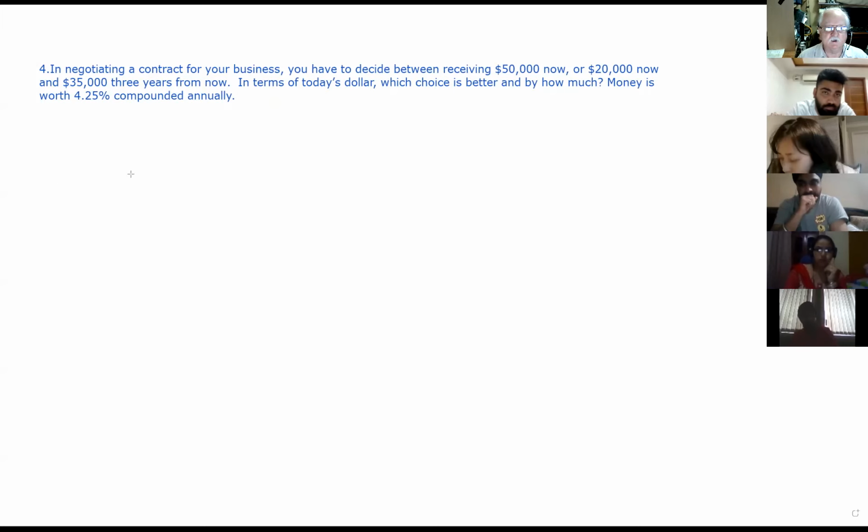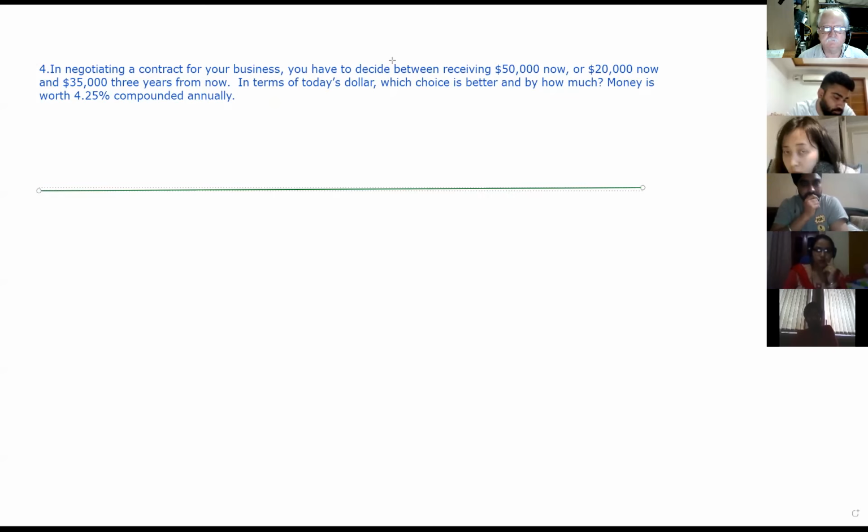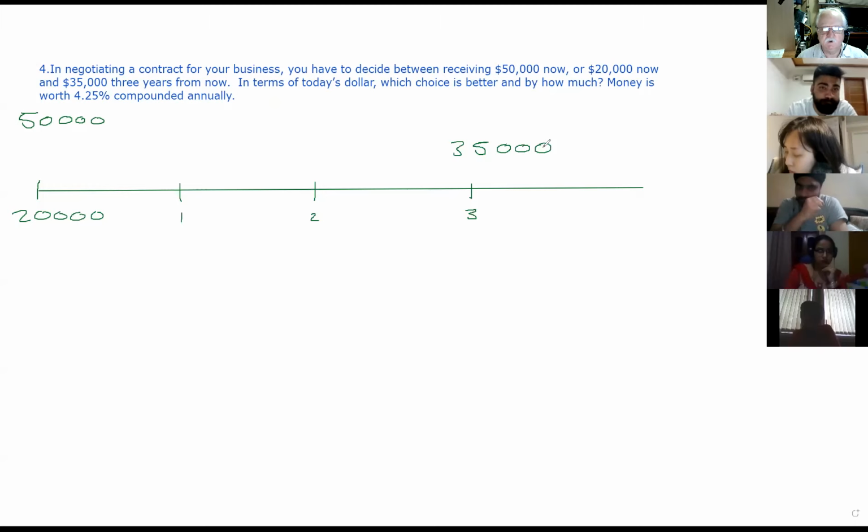We could draw a little diagram here to depict what we're looking at. Here we are today. We have a choice of 50,000, or we could have 20,000, but 1, 2, 3, we could have 35,000 here.